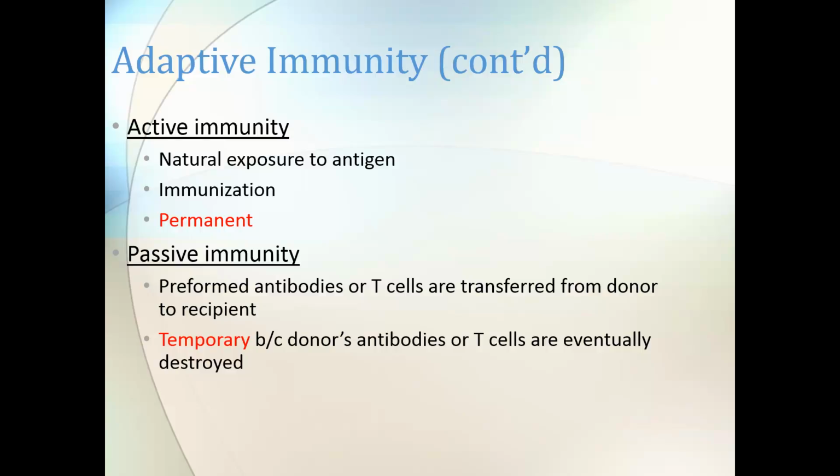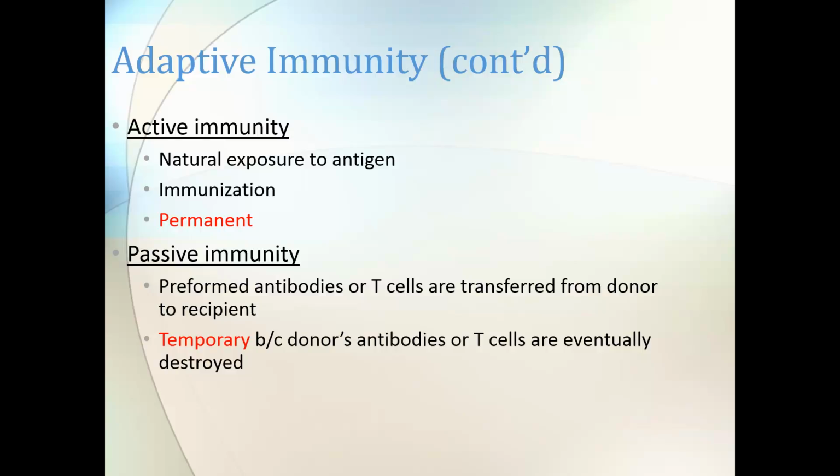Okay? So this could be exposure to a vaccine, an immunization, or it could be the fact that you actually had the disease. You actually got the infection. Either way, you've actually engaged the immune system, and the immune system has fought the infection.